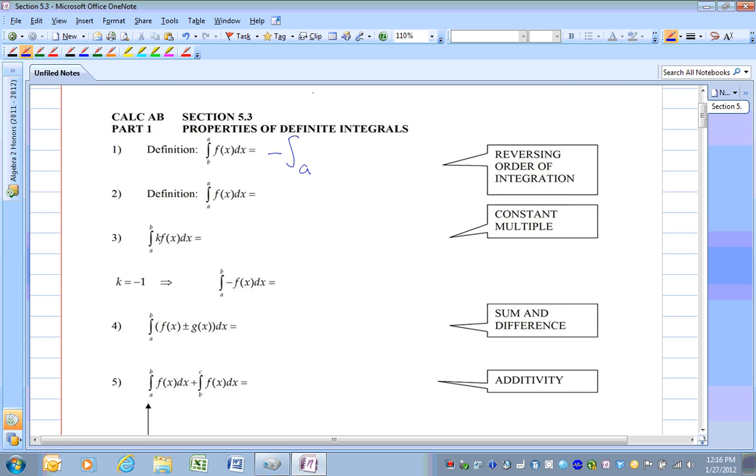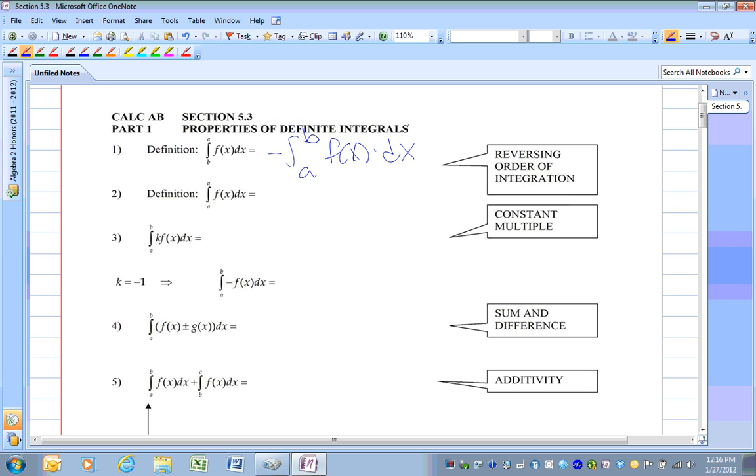Actually, well, that should be the other way around. Oops. No, actually, I got it right. Here we go. So if you were to reverse your lower and upper bound, so usually we expect from A to B, A is in the bottom and B is up top.